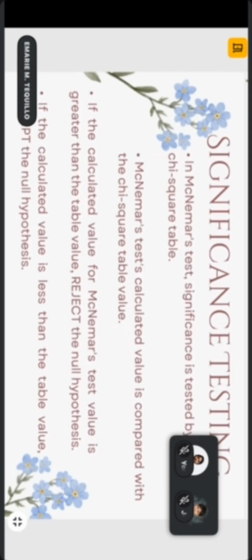We only have to remember something: if the computed value is greater than the table value, reject the null hypothesis. If the computed value is lower, then accept the null hypothesis. Usually the table value used at the 0.05 significance level with 1 degree of freedom is 3.841. So para mas masabtan, let's proceed to the next slide and we'll have the example.